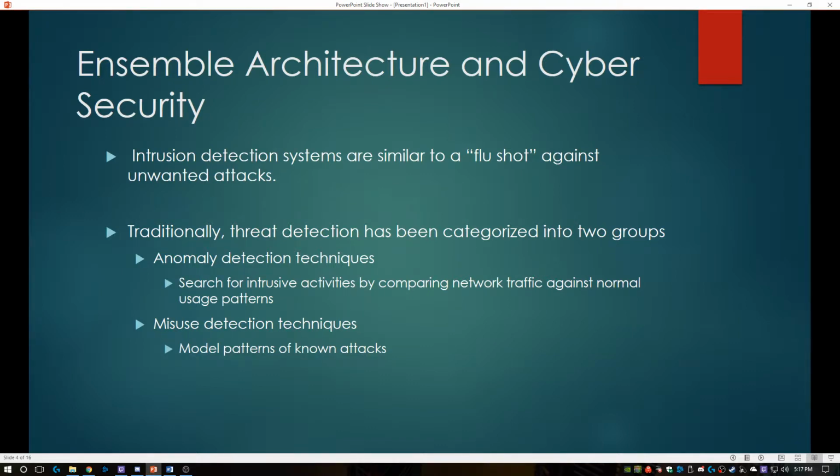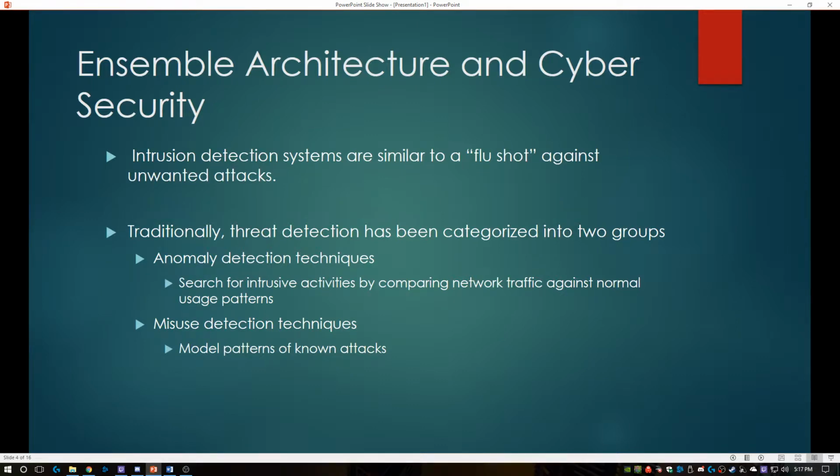It's similar to the threat of the cold or the flu each time flu season comes around. The threat of cyber attacks against you is almost unavoidable. Intrusion detection systems are similar to a flu shot against these unwanted attacks.